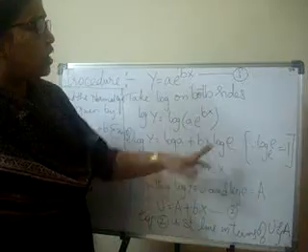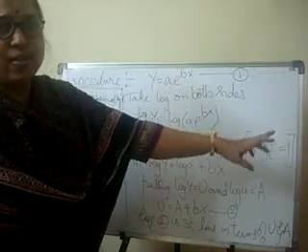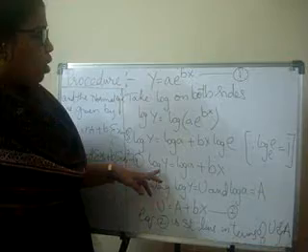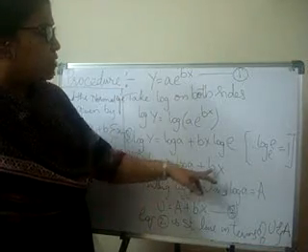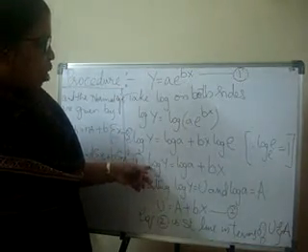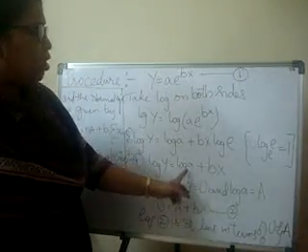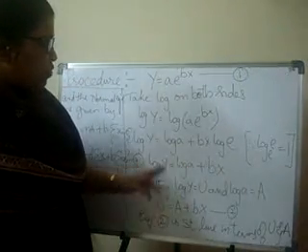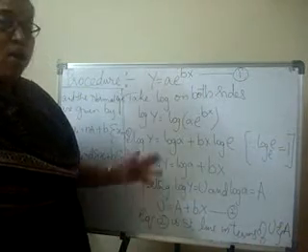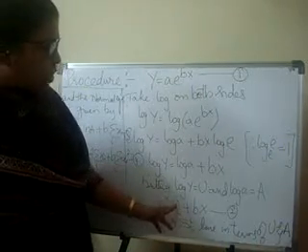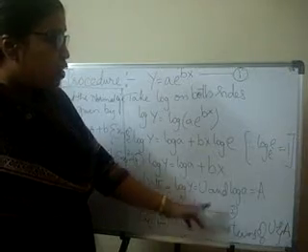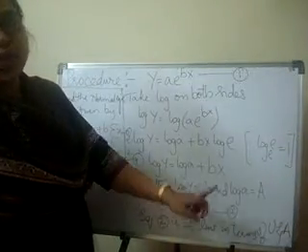And we all know that log e to the base e is equal to 1. Therefore, the required equation is log y is equal to log a plus bx. Now we consider log y to be u and log a to be capital A, and then we substitute and we get an equation of a straight line u is equal to A plus bx, which is in terms of u and x.